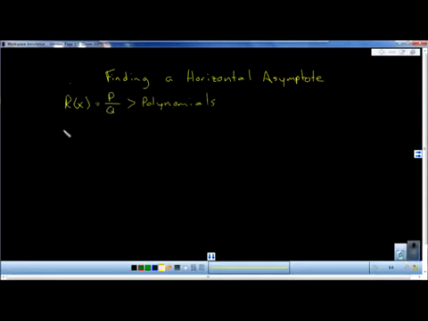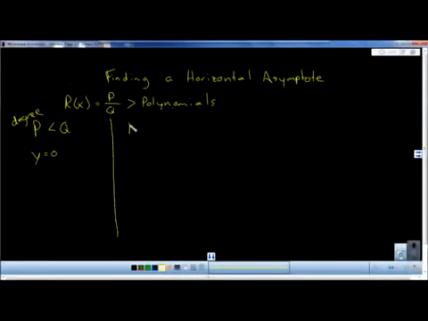If the degree of p is less than the degree of q, then the horizontal asymptote will be at y is equal to 0.